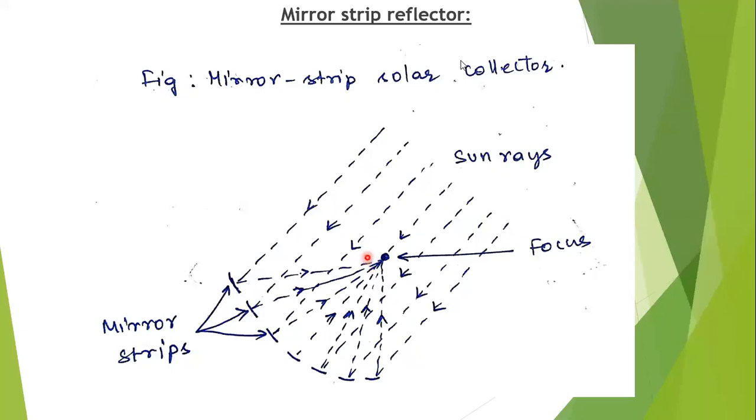We have to change the angles of the mirror according to the sun's orientations. Mirror strips are fixed and the collector pipe is moved continuously so as to remain on the focal line, unlike parabolic trough collectors. In next slides you will see practical.